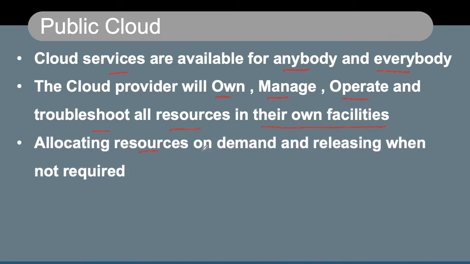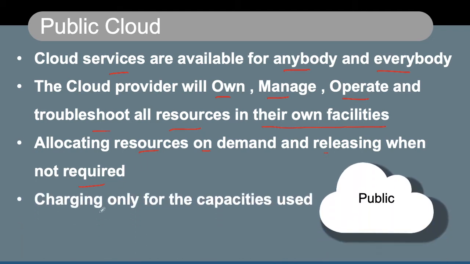Resources are allocated on demand and released when not required. You can allocate resources whenever they are required and release them whenever they are not. You are charged only for the capacities being used by a particular user.